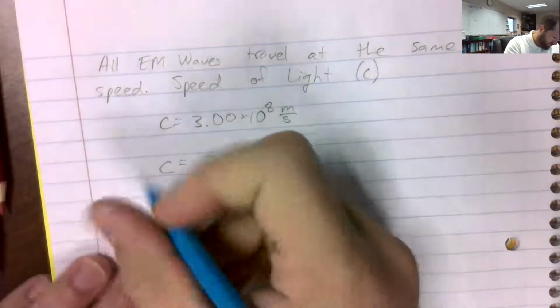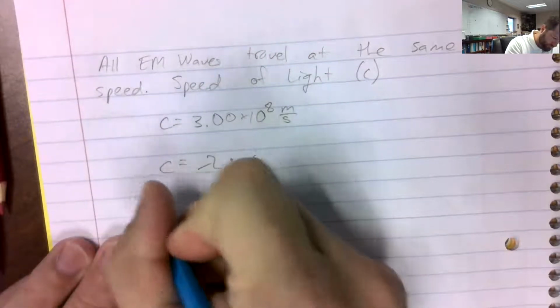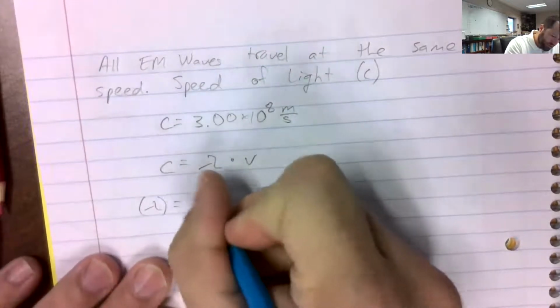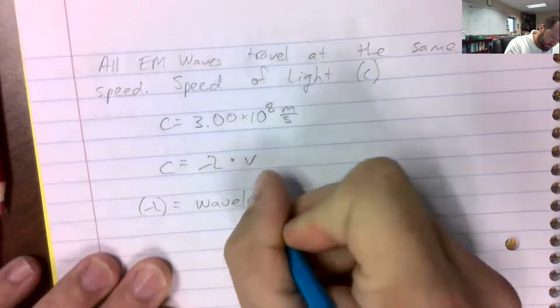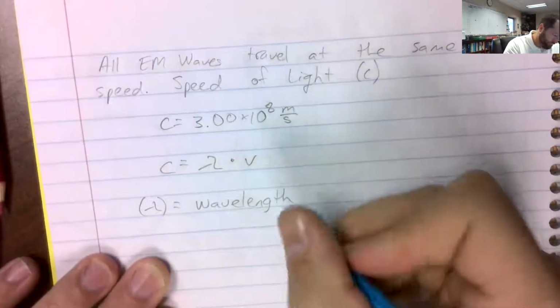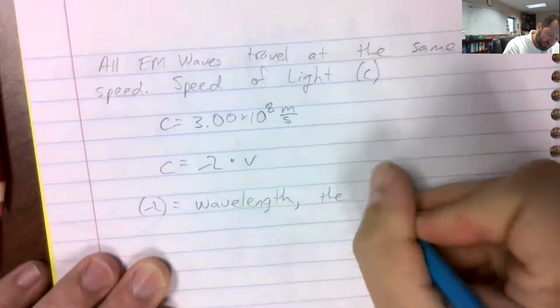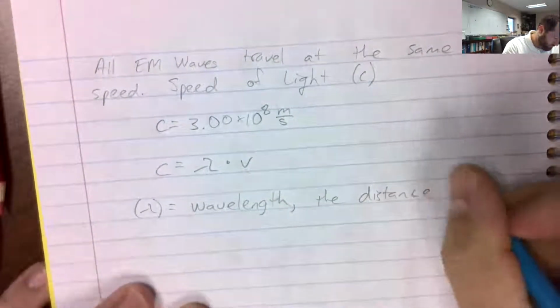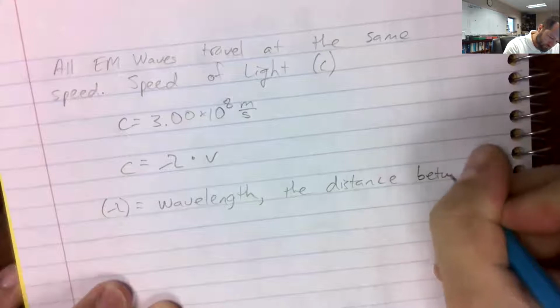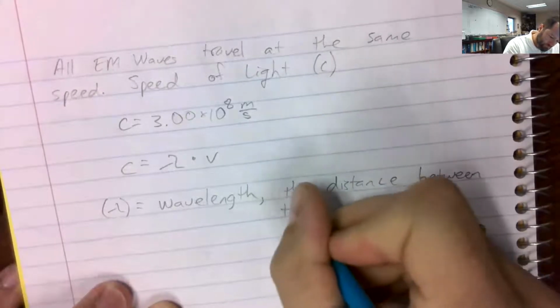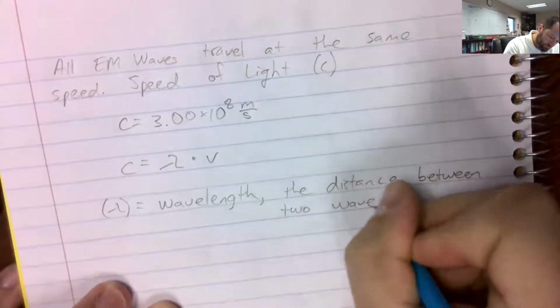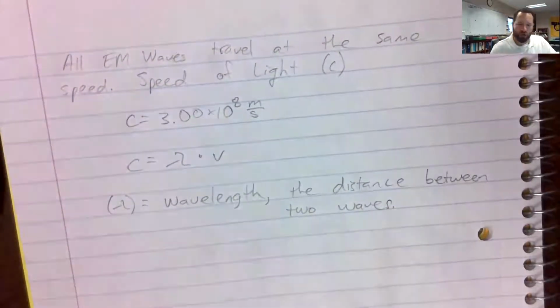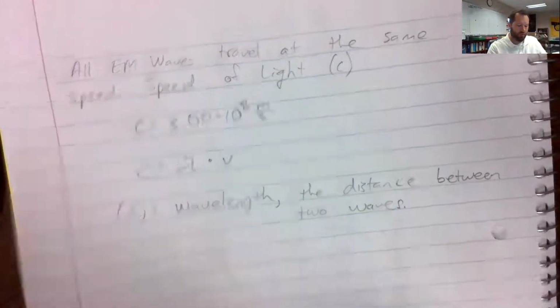Well, what are those symbols? Great question. Lambda stands for wavelength, which is the distance between two waves. So that's what lambda is.